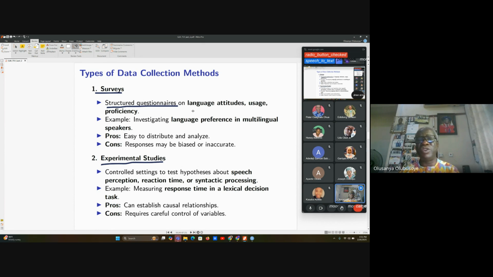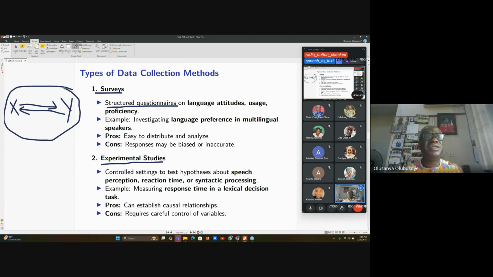the pros include that in a control experiment or experimental study, it's easy to establish what we call causal relationship. Causal relationship is if you have X, you have Y, and you can show that X is causing Y, and maybe Y is also causing X. Here we talk of causal relationship, one causing the other, and vice versa.